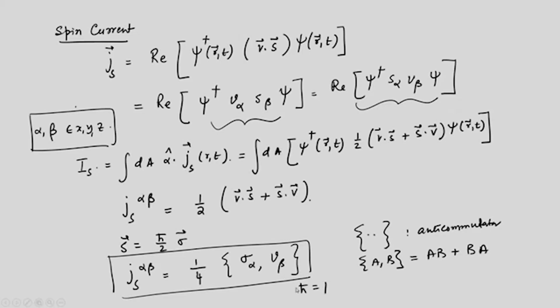And let us take a particular example, say for example, where we take alpha equal to z and beta equal to y.